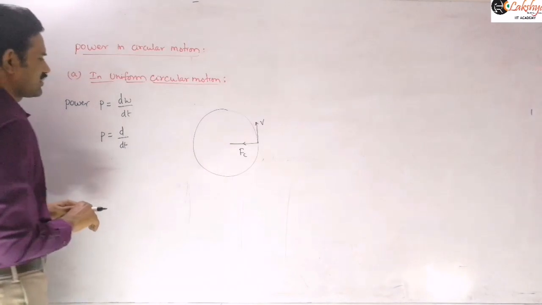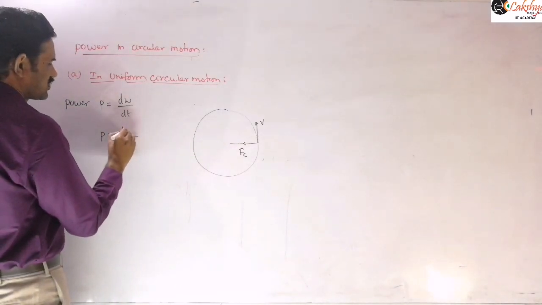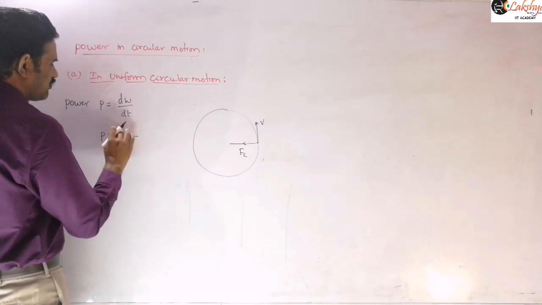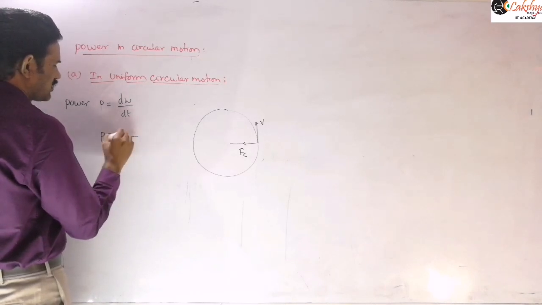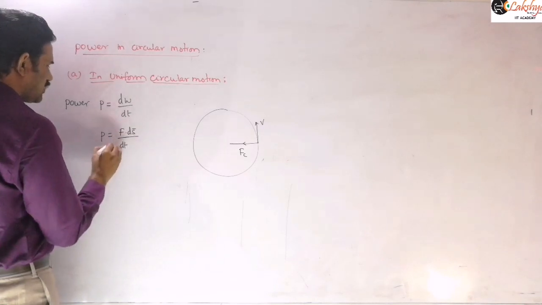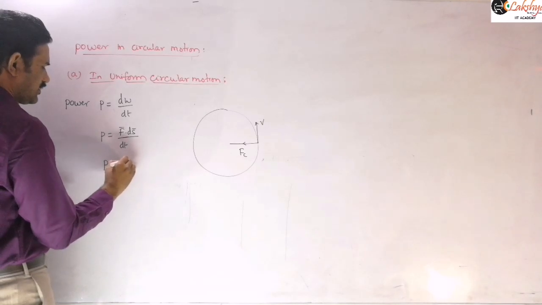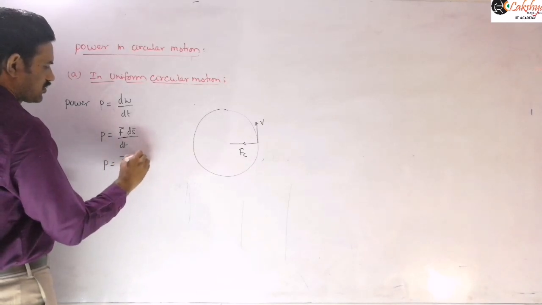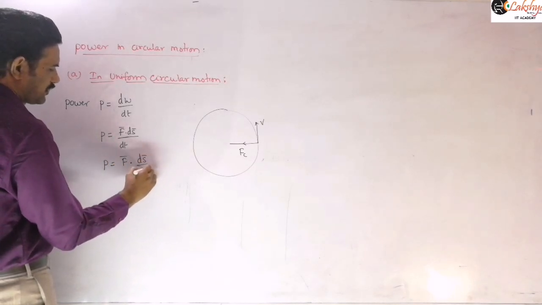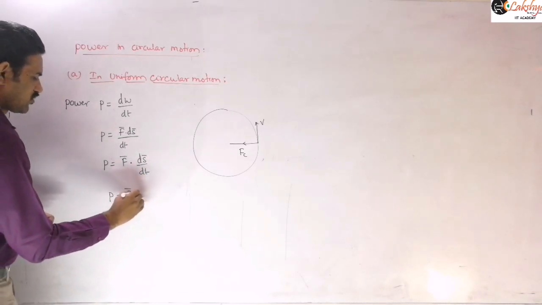Now here the work done, we can write as F bar dot S bar. So we can write this expression as F bar dot ds bar. Then this value we can write as F bar dot ds bar by dt. And this ds bar by dt is v bar, so P is equal to F bar dot v bar.